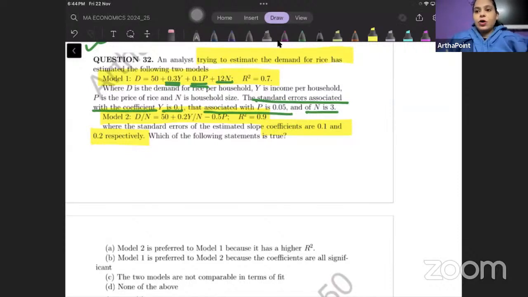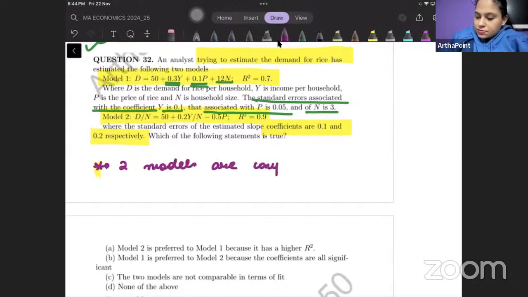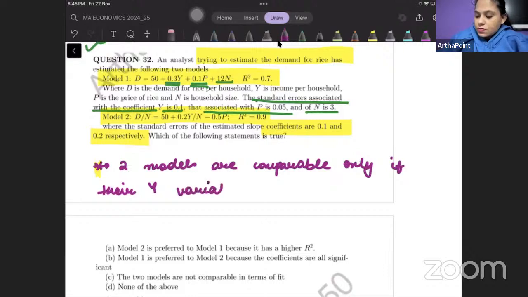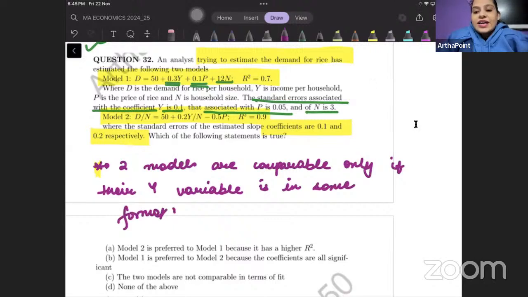One very important point in econometrics is that two models are comparable only if their y variable is in the same format.